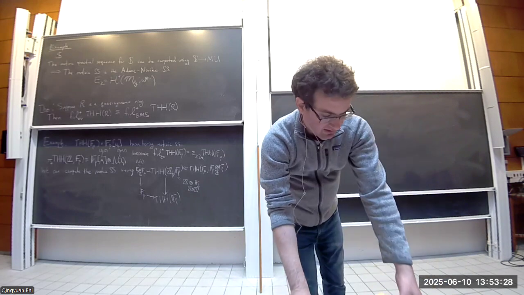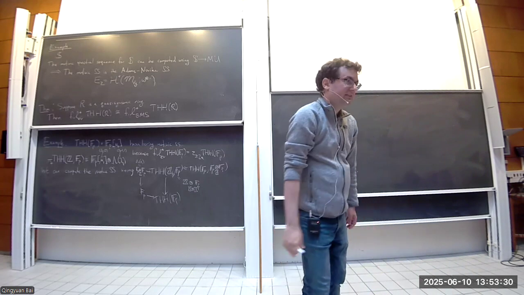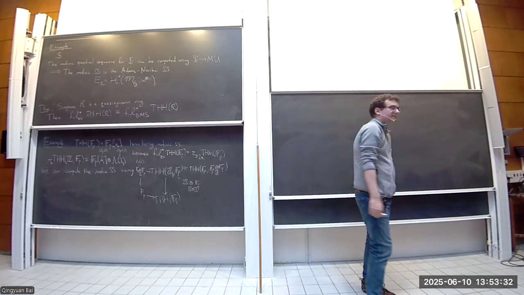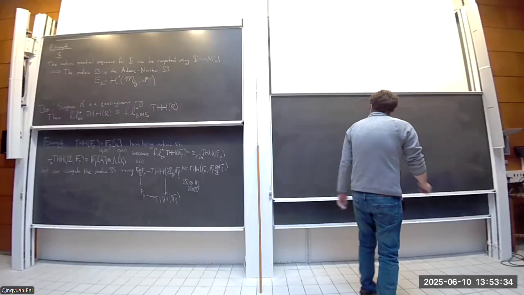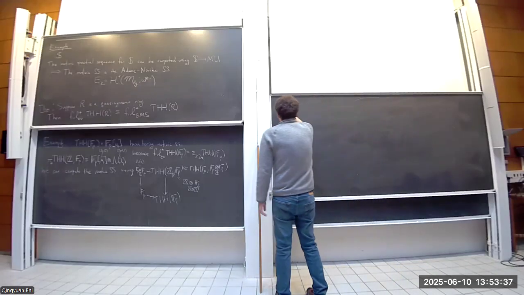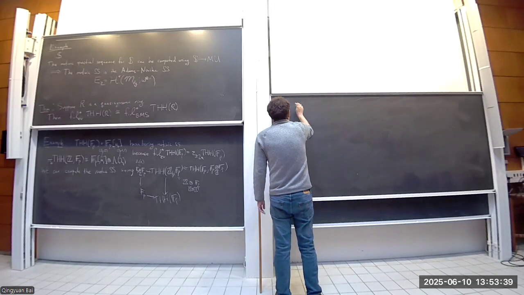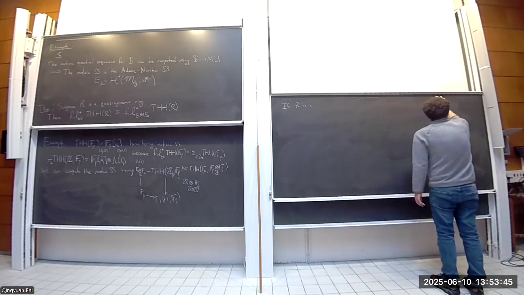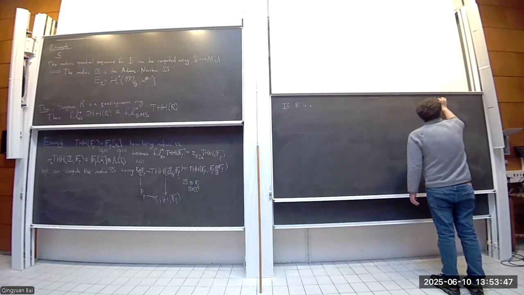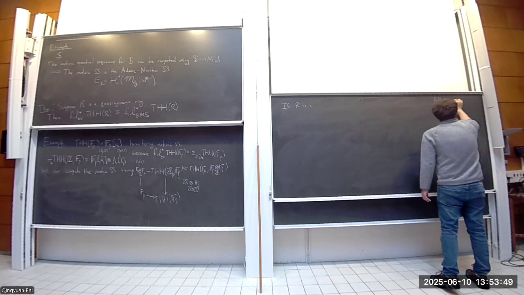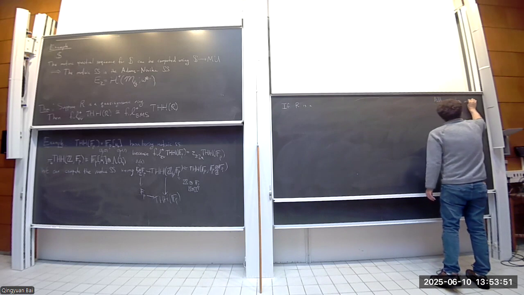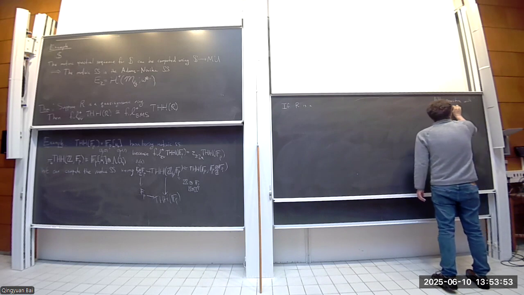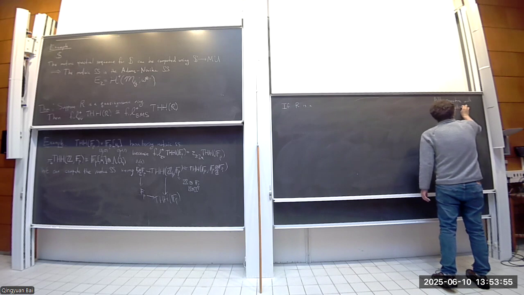Now I want to talk a little bit about some other structures that exist on THH. From now on, maybe before I forget, I'll say that all of this will be p-complete.